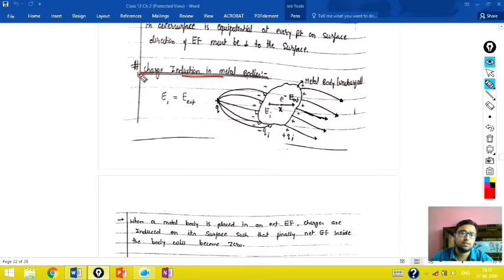So the next case we have is charge induction in a metal body. We have to understand that if there is a metallic body kept and near to the metallic body some charge is placed, then what happens inside the metal?